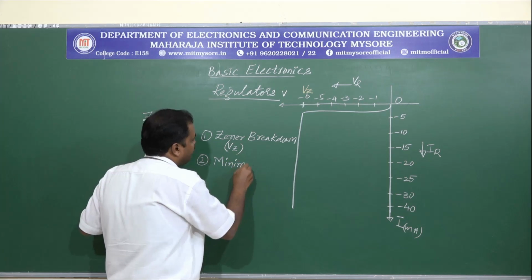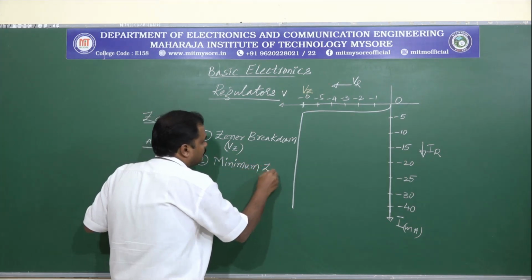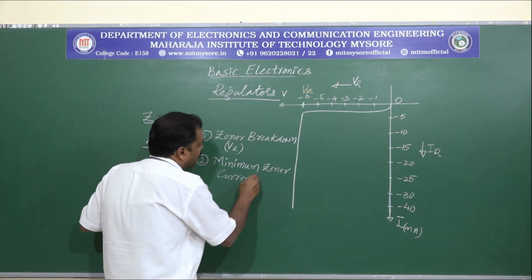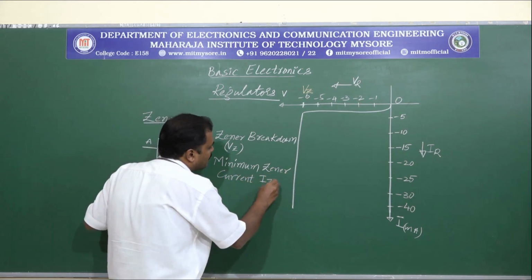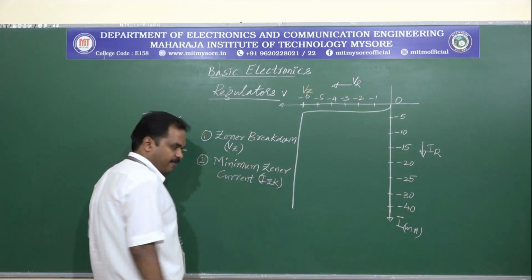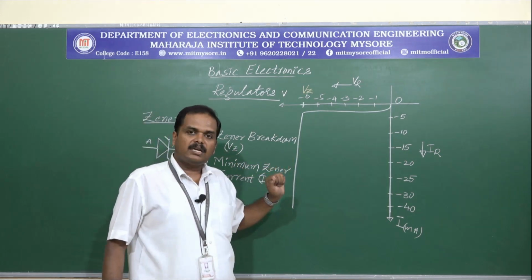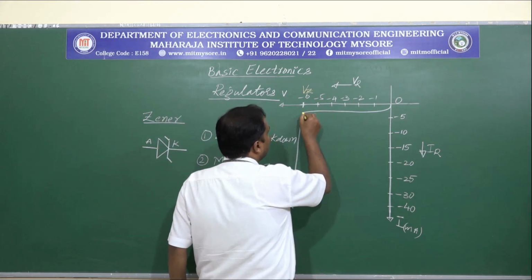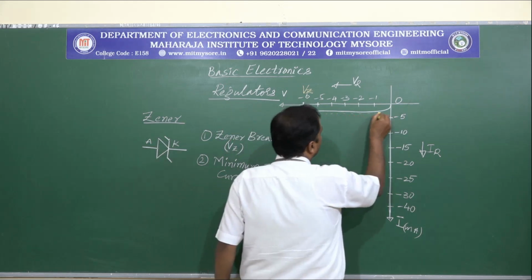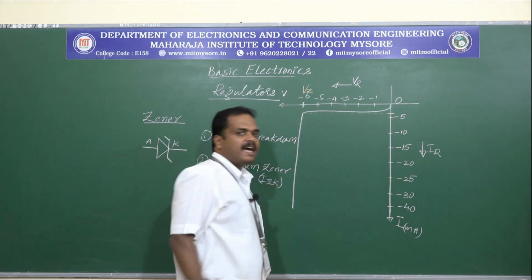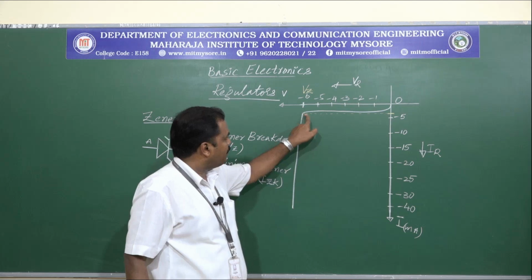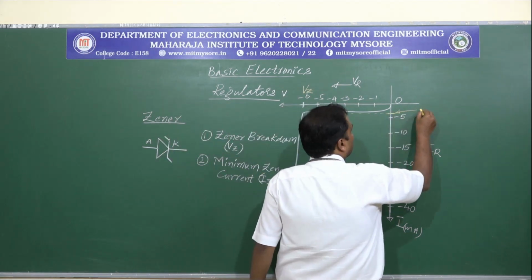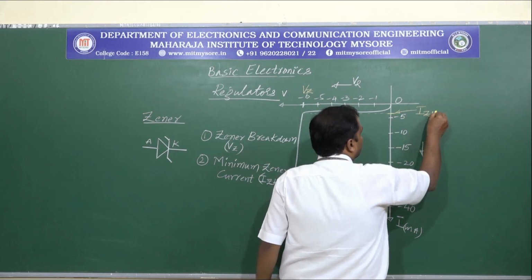The second parameter is minimum Zener current, which is represented as IZK. Coming to this graph, IZK is the reverse current that is read at the knee of the reverse characteristics. At this particular point, what is the current? That shall be read as IZK.